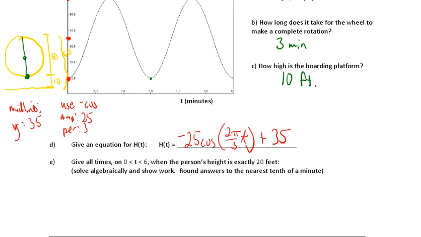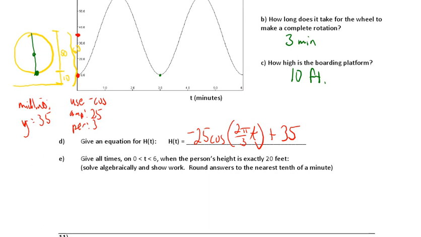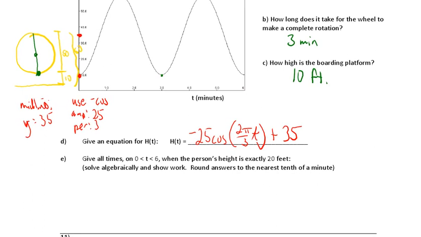All right, let's solve this one on the interval 0 to 6. When is the person's height exactly 20 feet? Why don't we go ahead and eyeball it? Here's 20 feet. So I'm going to just draw it out here.